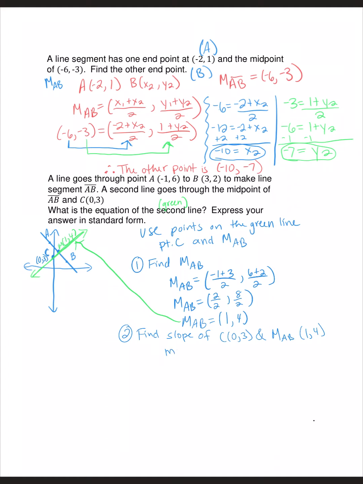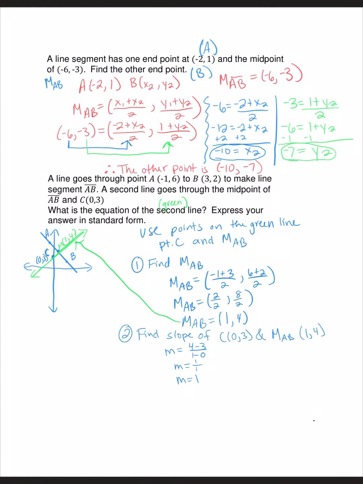Okay, so my slope, remember, is a lowercase m, and it is the change in my y values, so we'll say 4 minus 3, over the change in my x values, which is 1 minus 0. So my slope is going to be 1 over 1, or simply just 1.